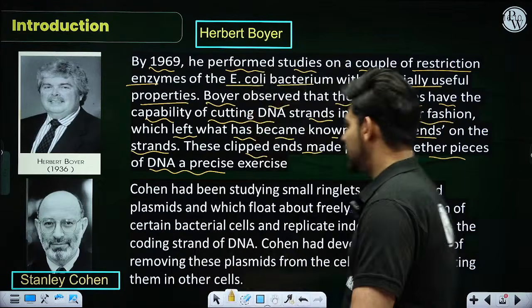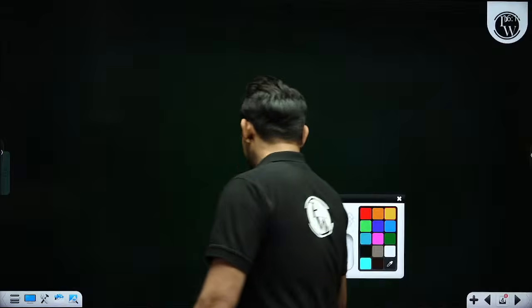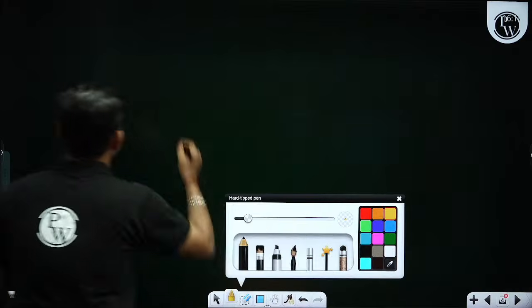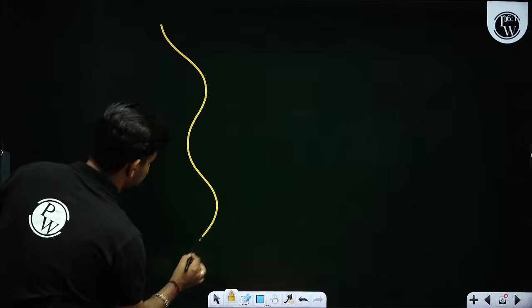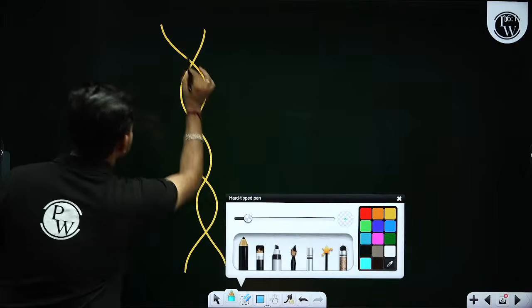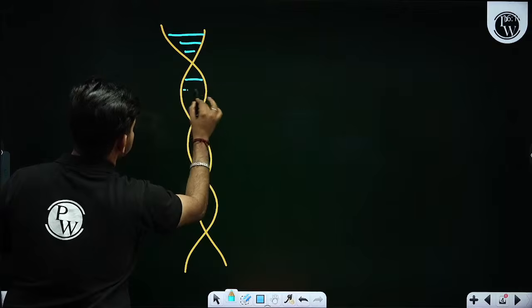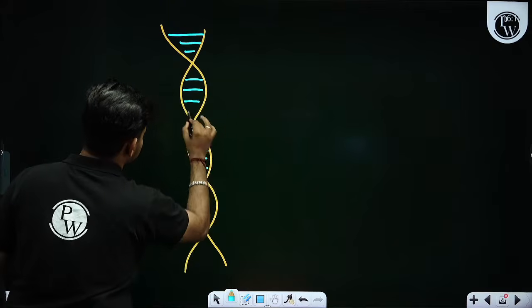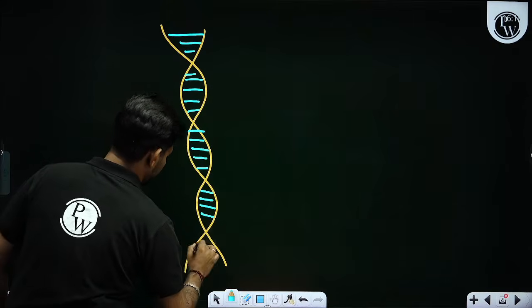Now, what do you mean by this? If you take a double-stranded DNA segment, obviously they are linked with base pairs, right?